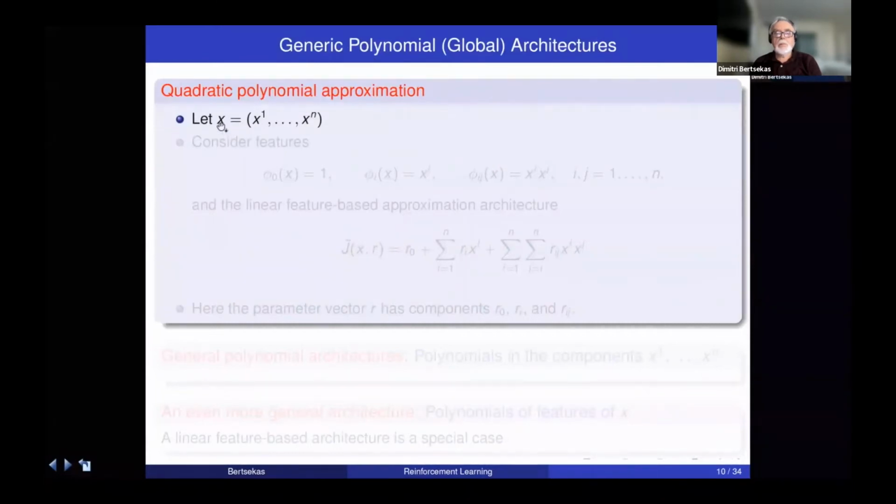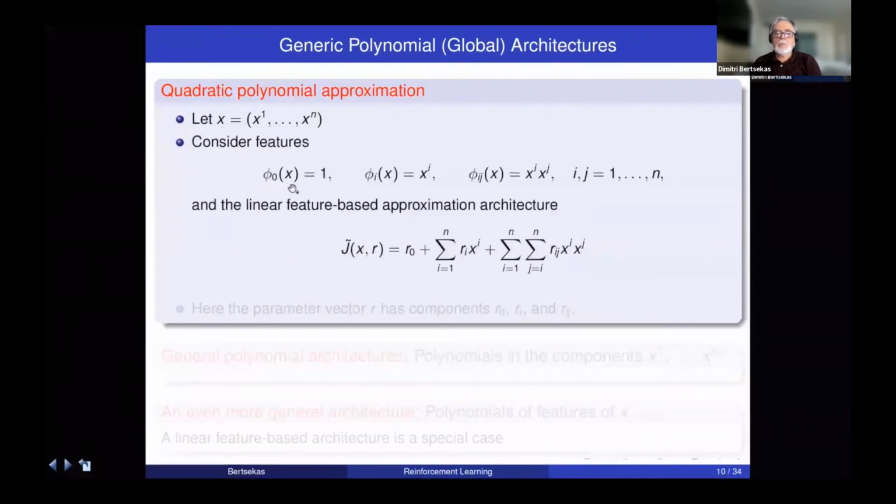Suppose that x, the state, has n components. Let's consider these features. The first feature is just a constant, 1. Then there are n features that are just the n components. And then there are additional n squared features that involve 2 components.